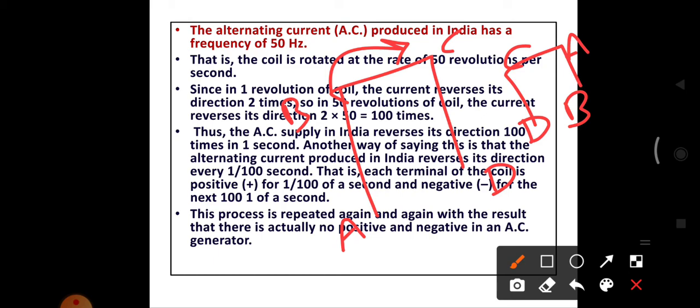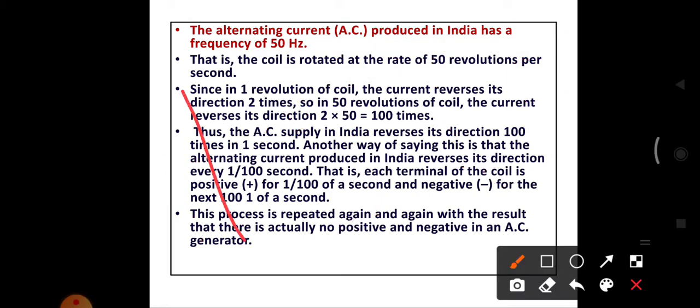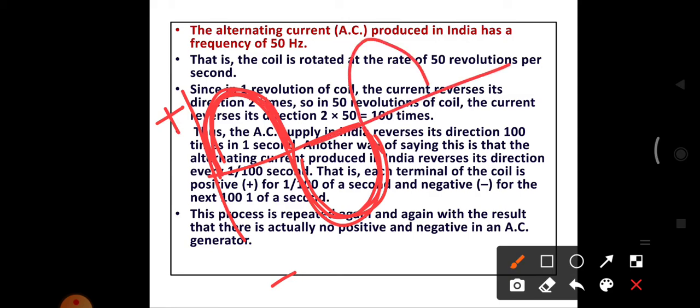After half rotation, again the current direction changed. So if you take one revolution, this is one complete revolution. Each half revolution, the current direction is changed. This is plus and this is minus. Each and every half revolution, the current direction is changed. In 1 second, it completes 50 revolutions. So how many times is the current direction changed in 1 second?